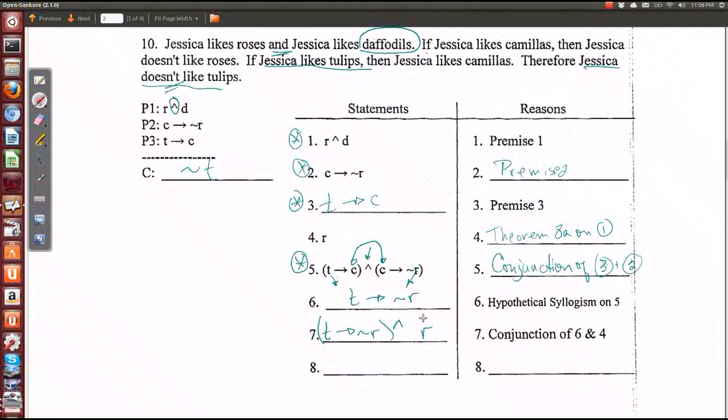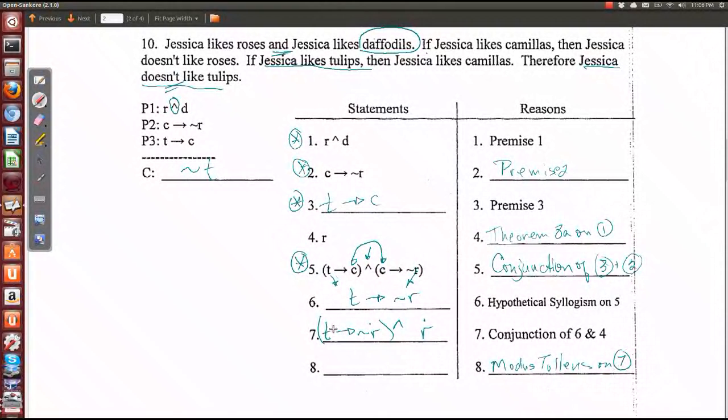And I'm noticing that this is the negation of this statement. And that's a modus tollens relationship.